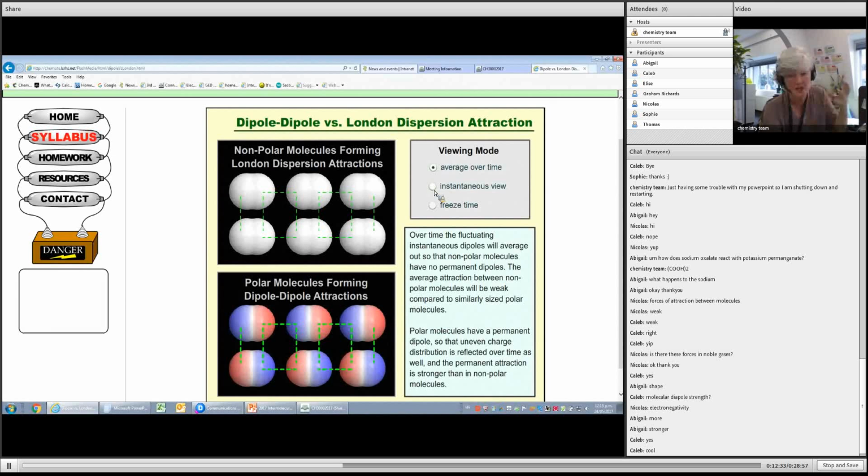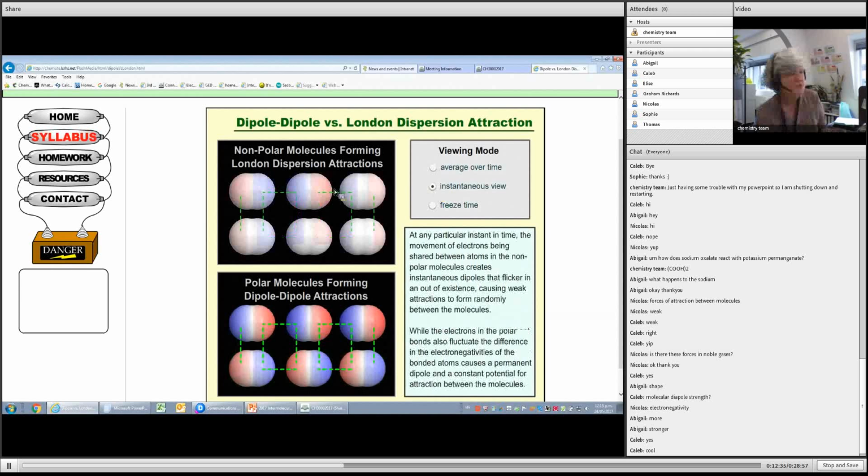So you get traffic jams and then you free flow and so on. What we're trying to show here is as electrons move around, they can bunch up. And of course, if you've got one end that's slightly negative, it's going to affect the one that's next to it and make it slightly positive because it's going to repel the electrons to the other side. So you've got these electrons whizzing around all over the place, each molecule influencing the other one. And so they all have these instantaneous attractions. They're there and then they're gone.